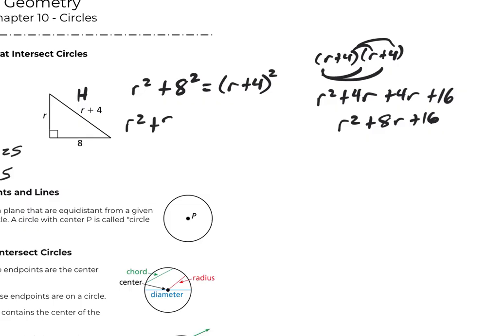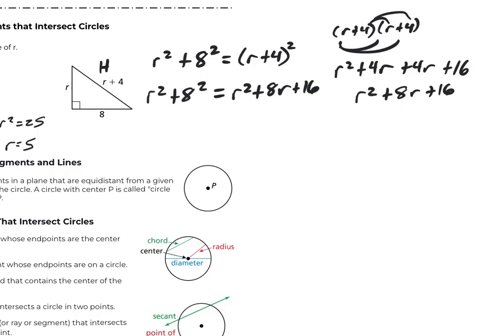When I write my equation now, I'm going to say R squared plus 8 squared equals what we just got when we FOILed. R squared plus 8R plus 16. Okay, now our goal is to get R by itself, just like always. The good thing here is that we have an R squared on both sides. So those R squareds can knock each other out. 8 squared is 64.